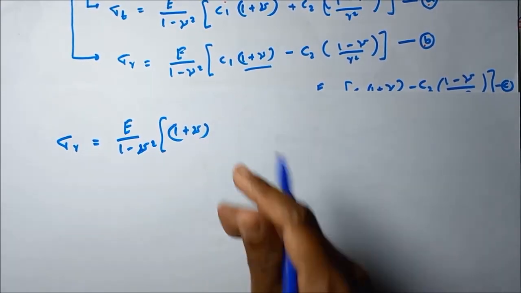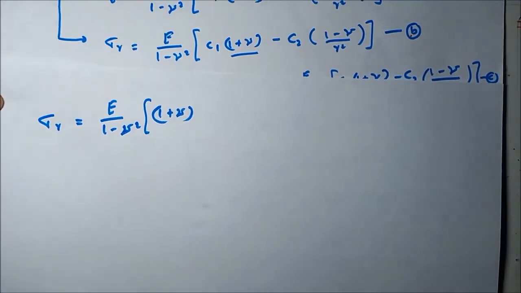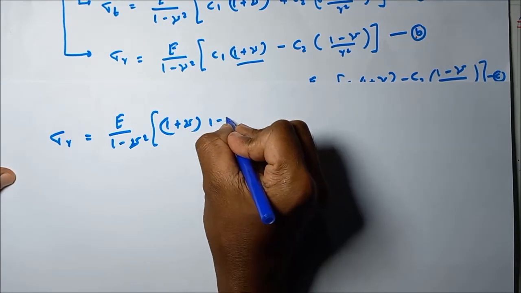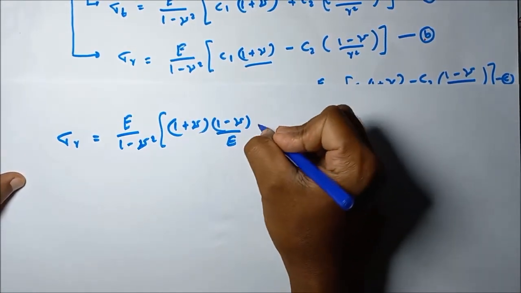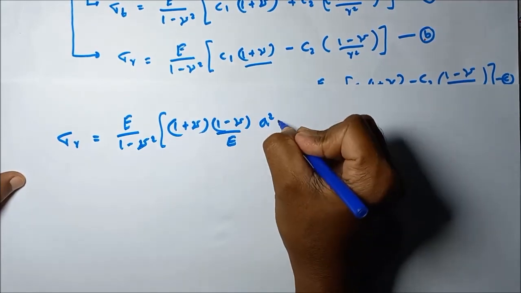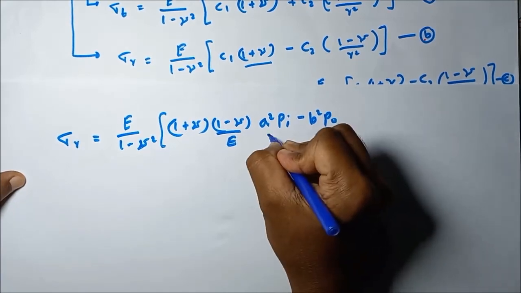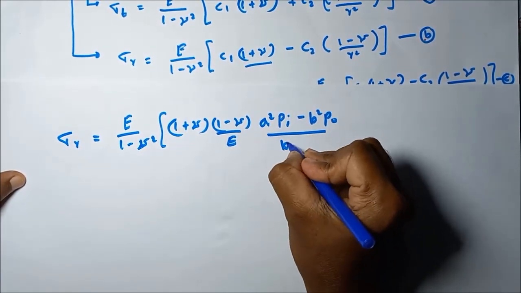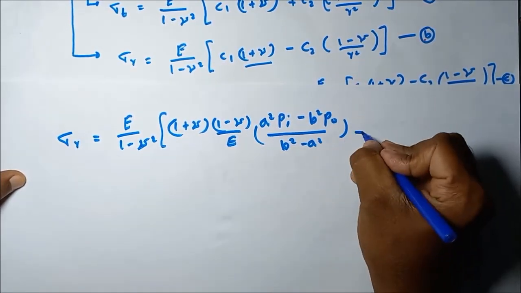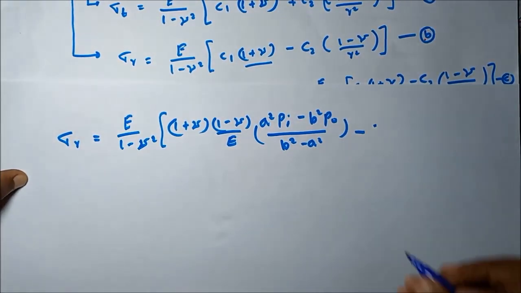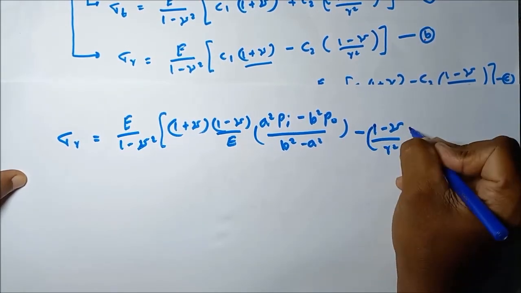What is c1? c1 is (1 minus nu) divided by E, times (a square pi minus b square po) divided by (b square minus a square). Then minus (1 minus nu) divided by r square into c2.